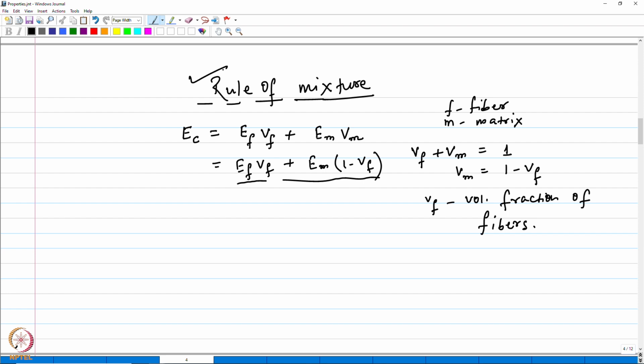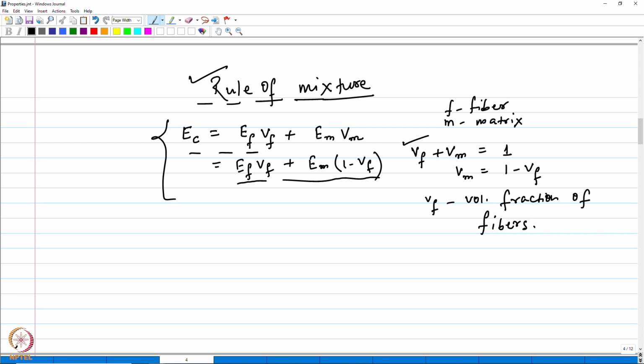So, in a fiber reinforced composite, if the volume fraction Vf is known, then the property of a composite, for example the elastic modulus, can be estimated by this rule of mixture equation that we have over here.